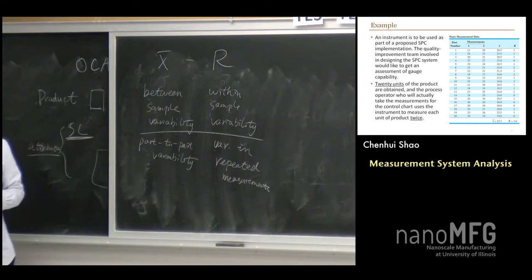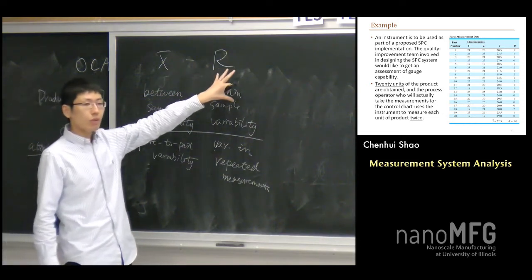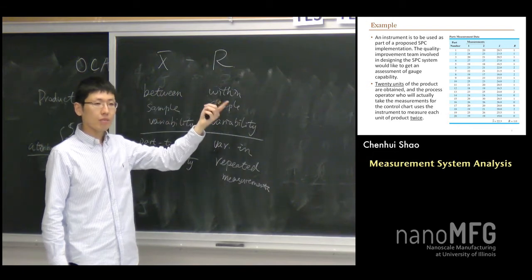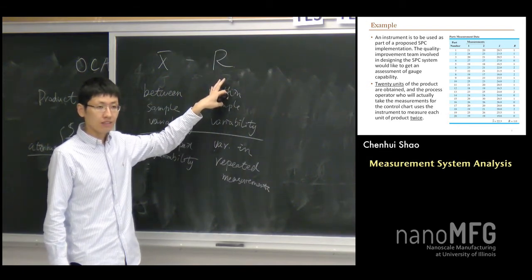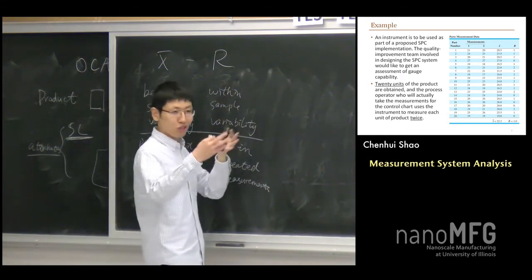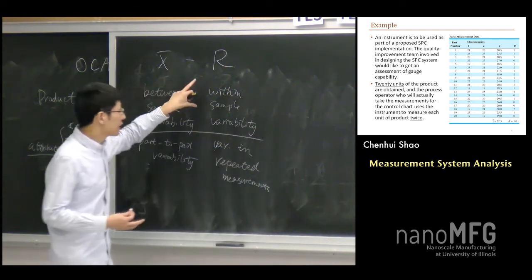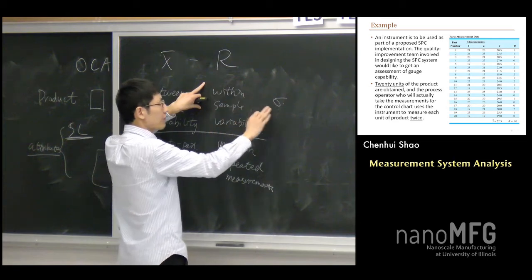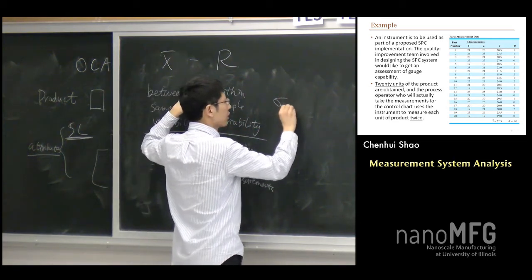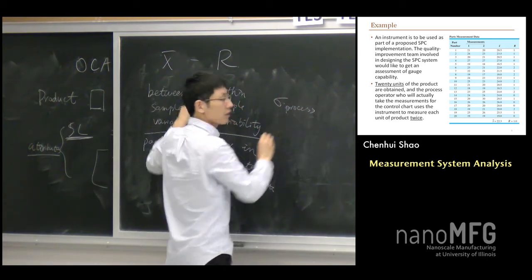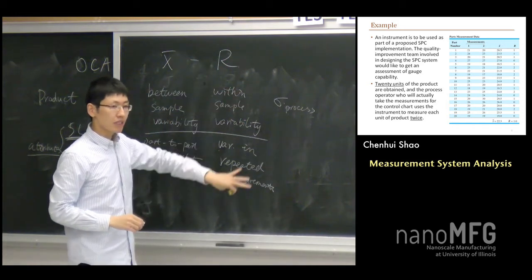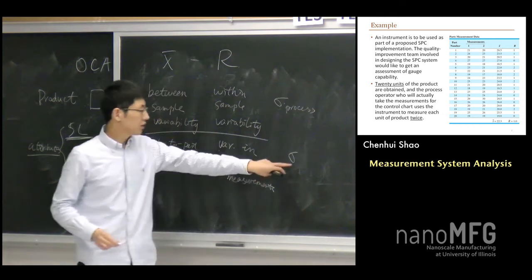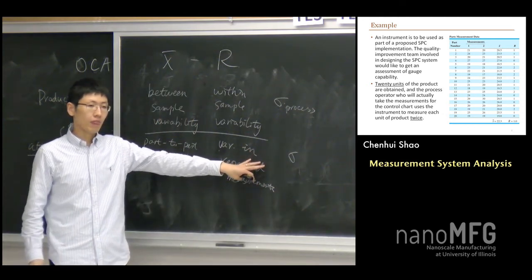Remember that in the X bar R chart, if sigma is unknown, we can estimate sigma hat using the R value. Is that right? We have some proportional ratio. If we can estimate that, we have sigma. So here, we have the sigma as sigma process. Similarly, we can do the same thing for this data set. If we estimate sigma, what is this sigma?